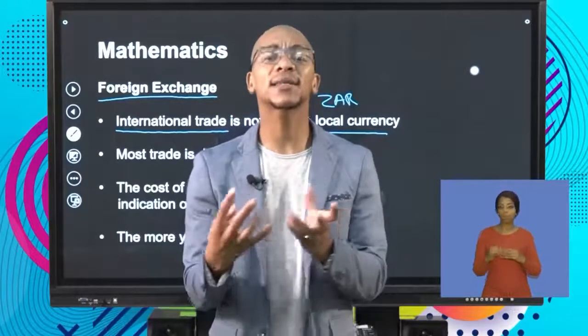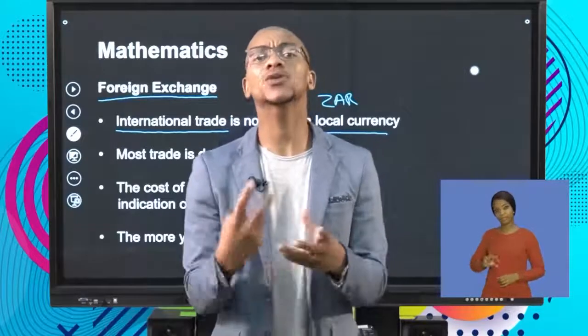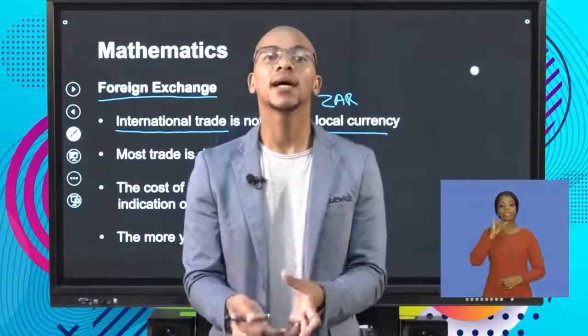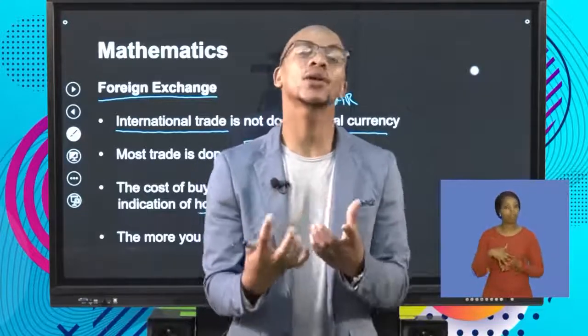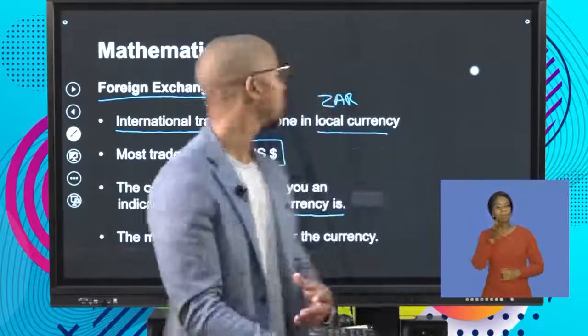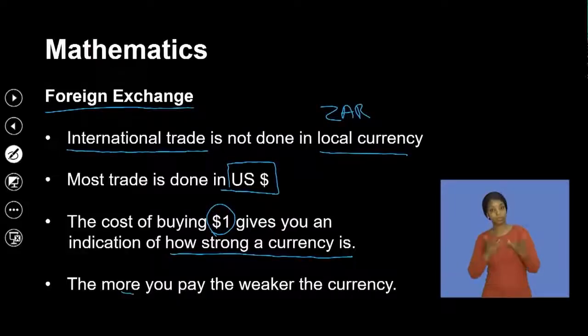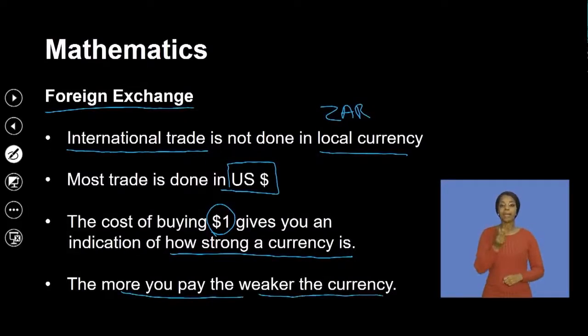So those are the things that we are talking about. So this actually tells you whether our currency is strong or is weak. But now let's actually understand what exactly it means. It means that the more you pay, the weaker the currency.